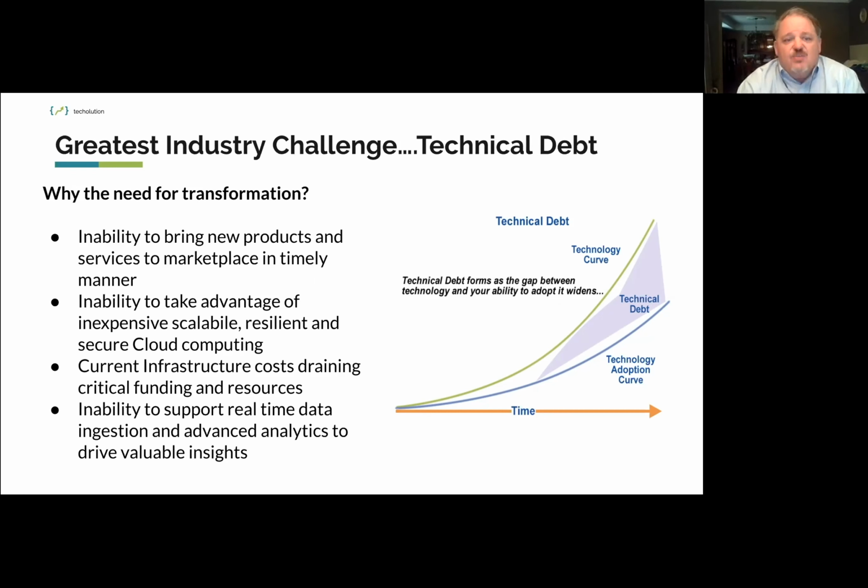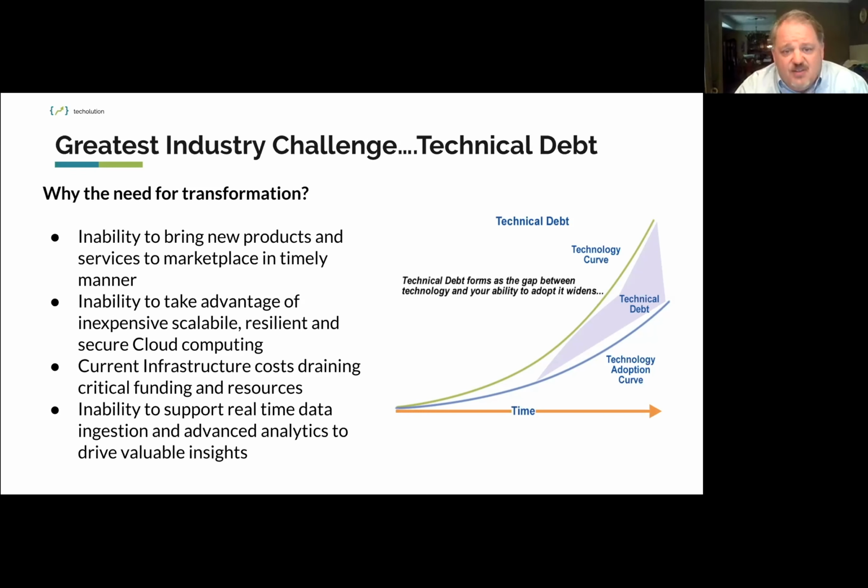So why you need to get rid of your technical debt is very simple. You can't bring products and services to the market fast enough, and the reason is that the fintechs have the advantage on this. The second thing is you're unable to take advantage of the inexpensive, scalable, resilient, and believe it or not, I know this is hard for a lot of people in financial services to understand, cloud computing is more secure.